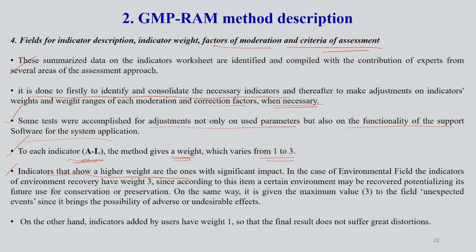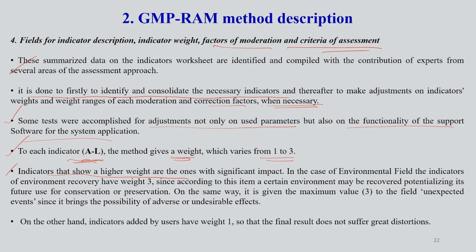In the case of the environmental field, the indicators of environment recovery have weight 3, since for this particular item a certain environment may be recovered on the basis of its different future use for conservation and preservation. So, if you see that there is a potential for recovery, then you actually give 3 weightage.